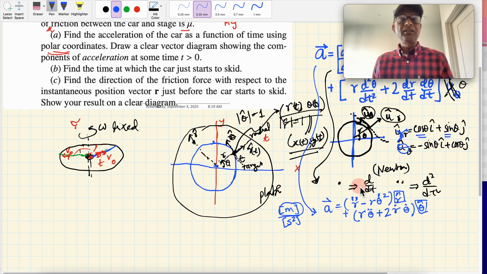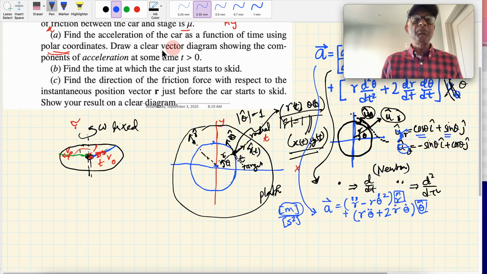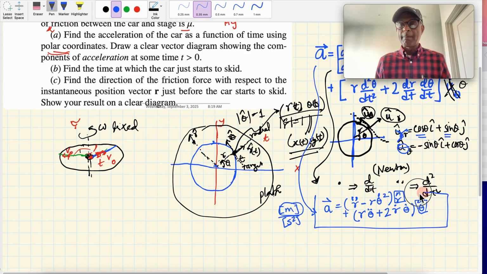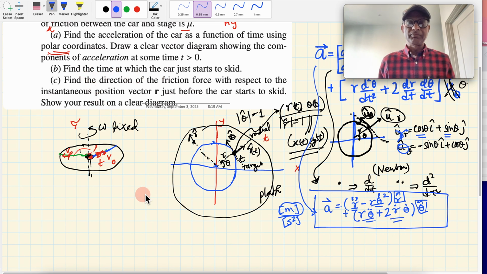Okay, so it's asking: find the acceleration of the car as a function of time using polar coordinates. So if this is the formula for acceleration, all I have to do is figure out what these guys are in this situation. It is saying that it's going with v0 radially.